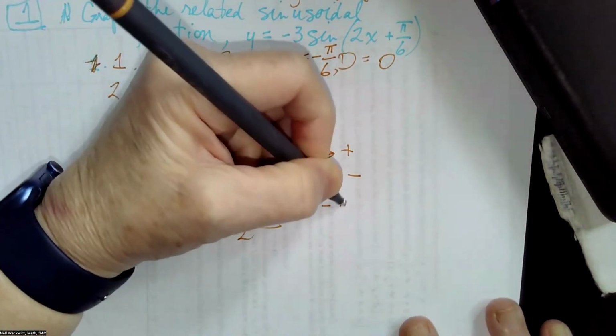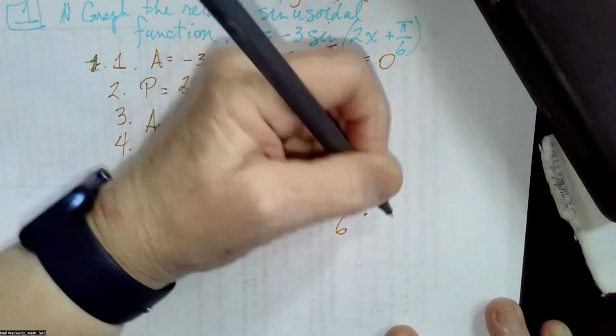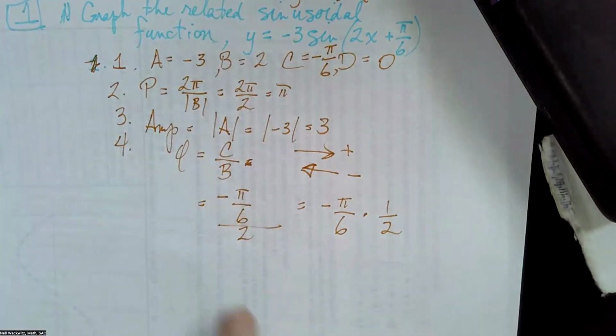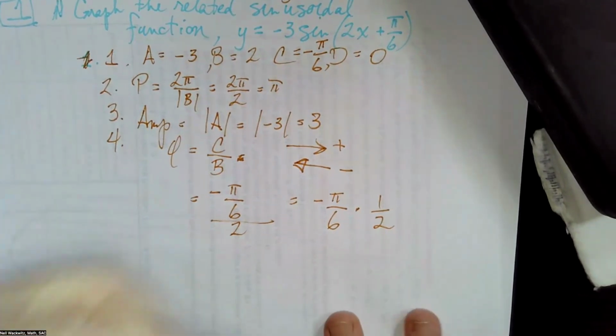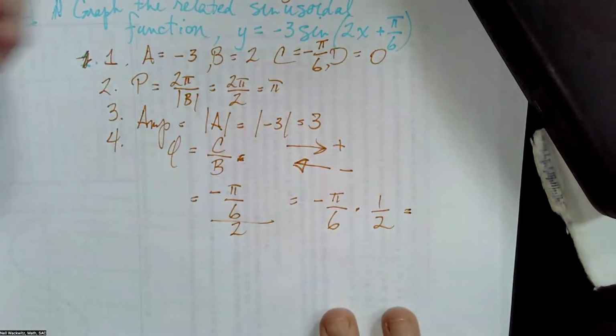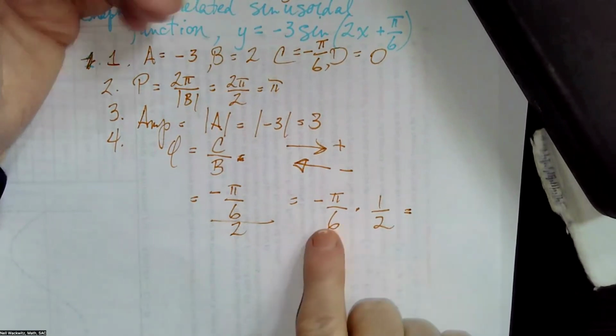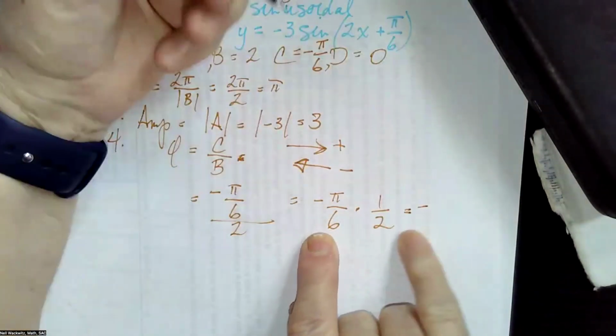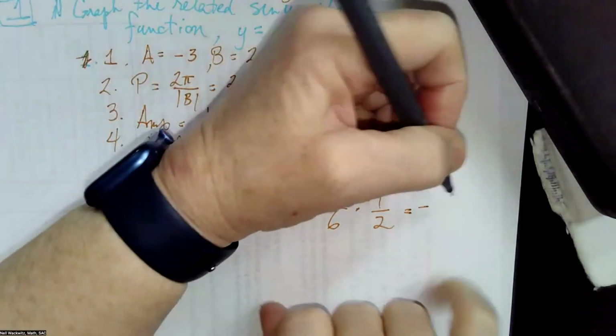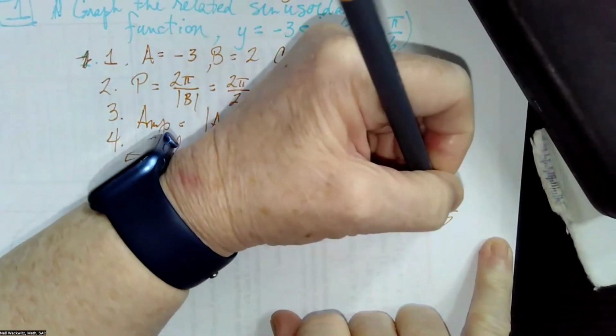So this is the same thing as multiplication by the reciprocal. And it not only skips a step, but it connects multiplication and division. And so now we see that the horizontal shift is going to be negative pi over 12.